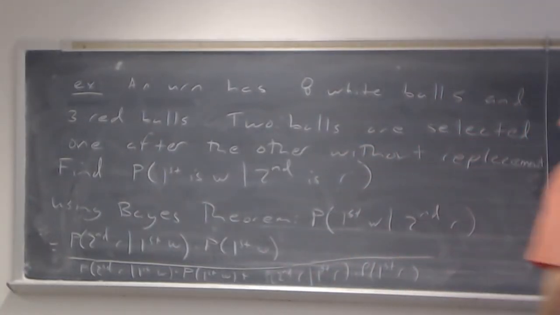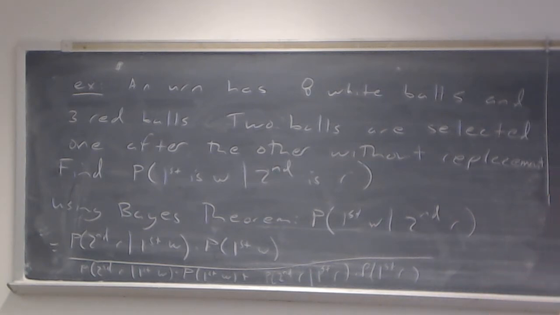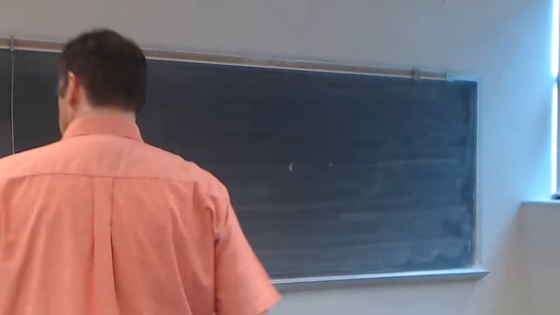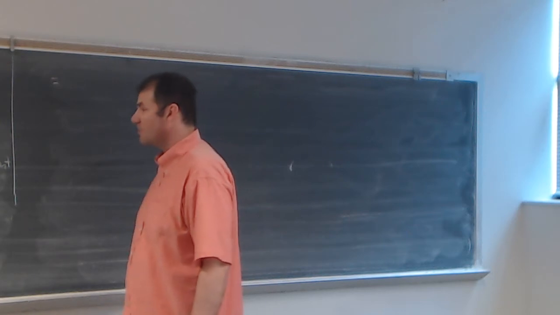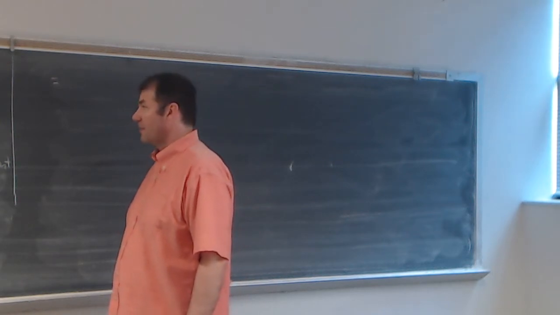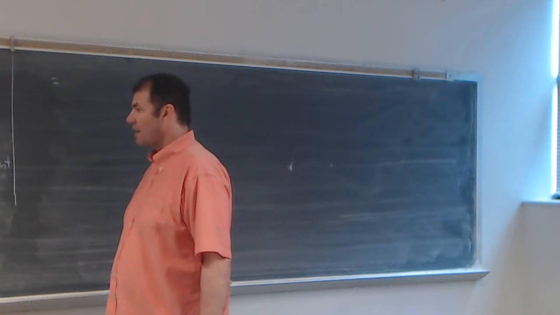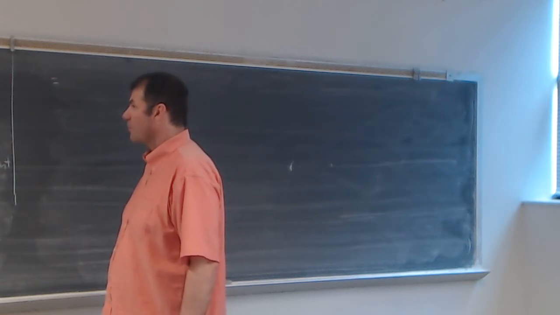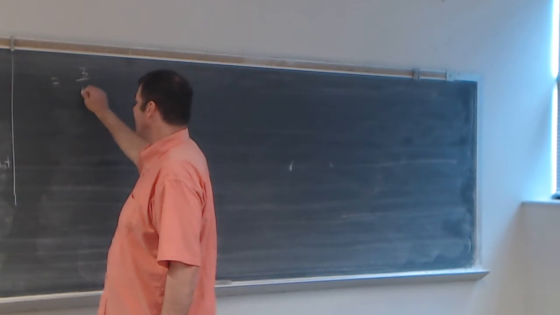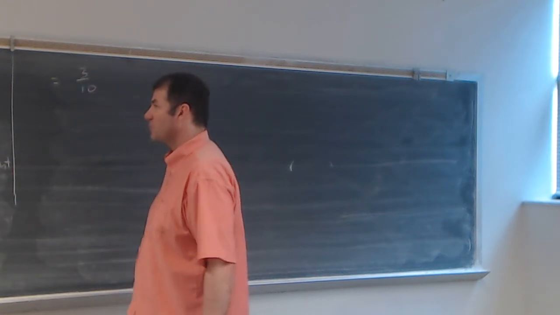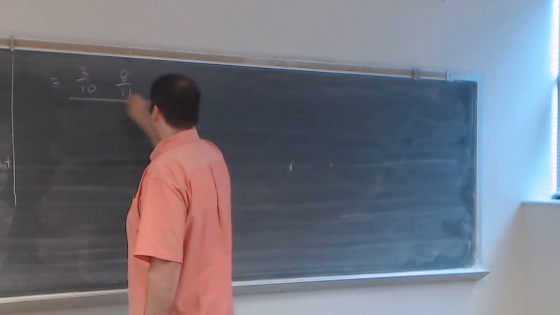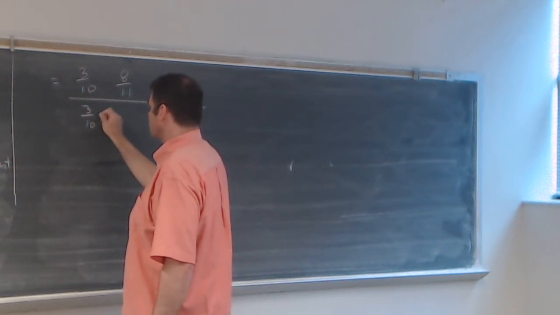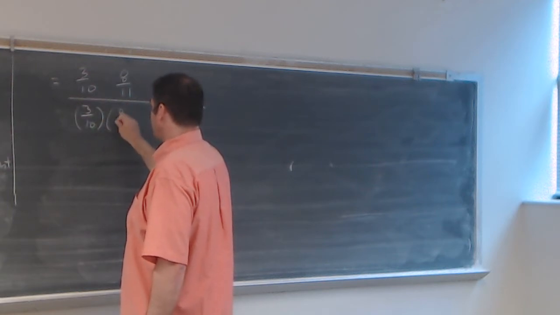So to make these computations, we have the probability that the second is red given the first is white. So I'll put myself in that position. First was white. That means we have 7 white balls left and 3 reds. So that means it's 3 out of 10 times the probability that the first was white. That's 8 out of 11. All over, well, the second part starts the same way. It's 3 out of 10 times 8 out of 11.